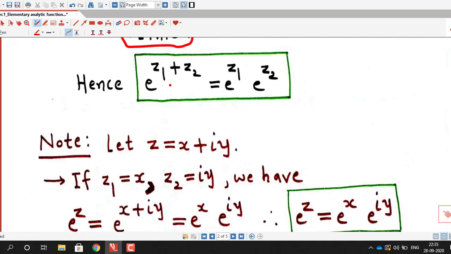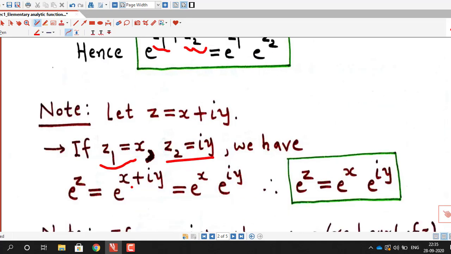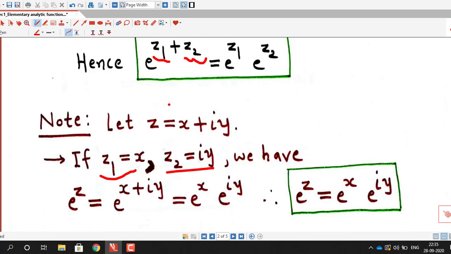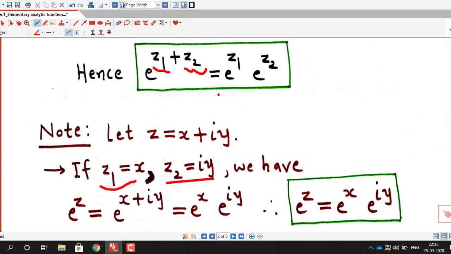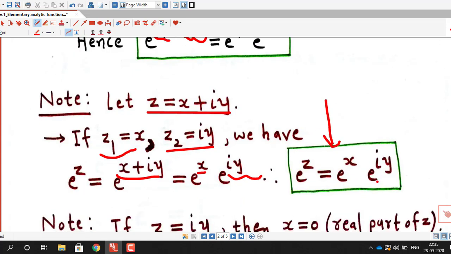Now using this property, suppose I take z1 equal to x and z2 equal to iy. Then I obtain e raised to x plus iy equal to e raised to z1 into e raised to z2, that is e raised to x into e raised to iy, and z is x plus iy. So we can write e to the power z in this short form also.